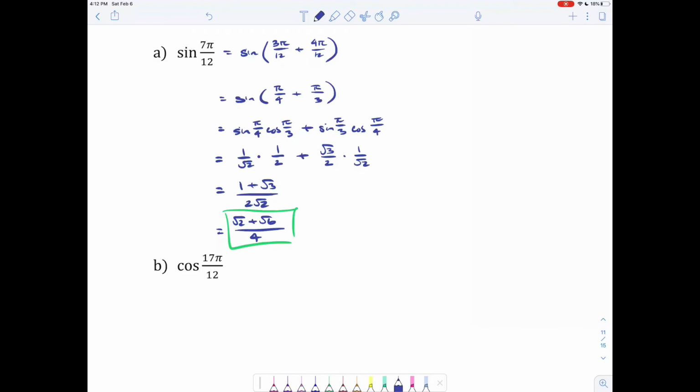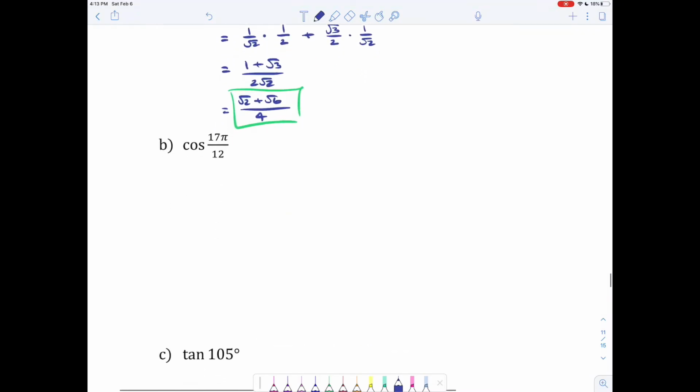Hopefully you're trying these. Try them all out. Oh my goodness, 17 pi over 12. There's a bunch of ways to get that. All right, you could say you've got 20 pi over 12 minus 3 pi over 12. That'll work. Or 15 pi over 12 plus 2 pi over 12. Maybe you went with that. That's okay too.